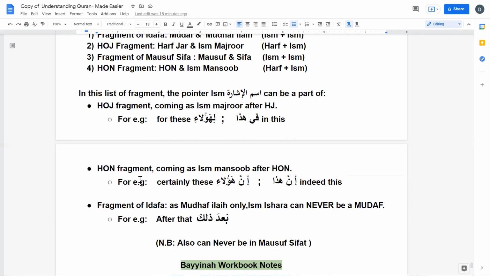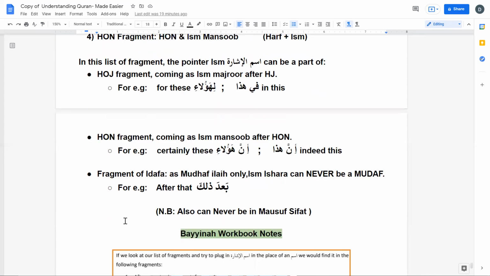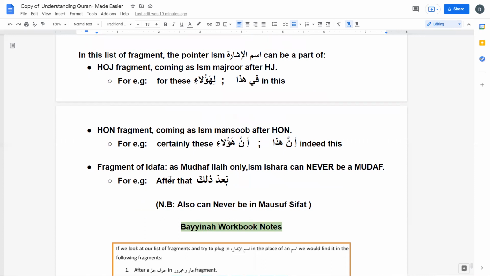So for example, inna haza. Inna is the harf of nasb, and haza, which is following inna, is over here in nasb status. The same way, inna haulai. Inna, again, harf of nasb, and haulai is in nasb status. So far we learned that pointer ism can come in harf of jar fragment, it can come in harf of nasb fragment. And what about fragment of idafa?